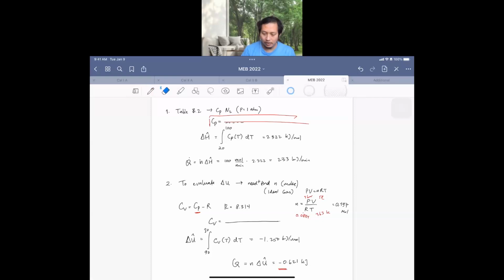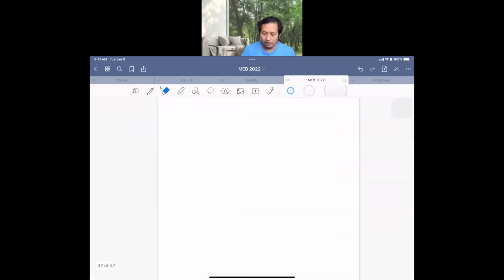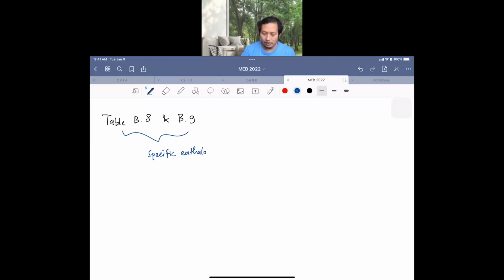So let me write here table B8 and B9. They are listing specific enthalpies of species involved in combustion reaction.